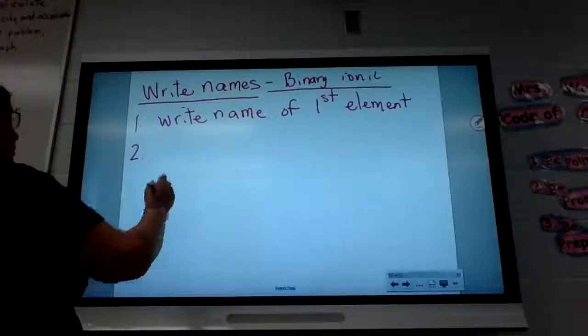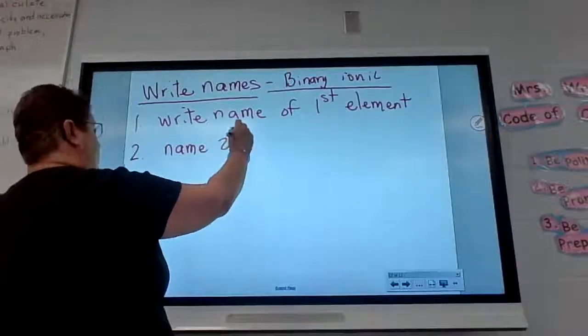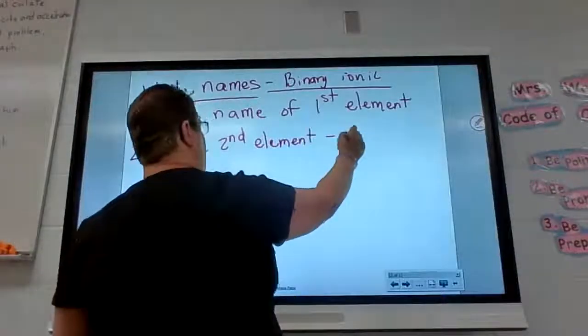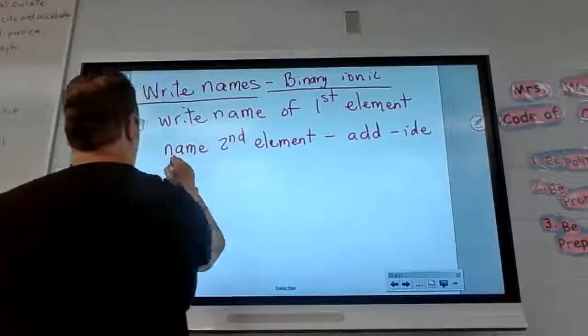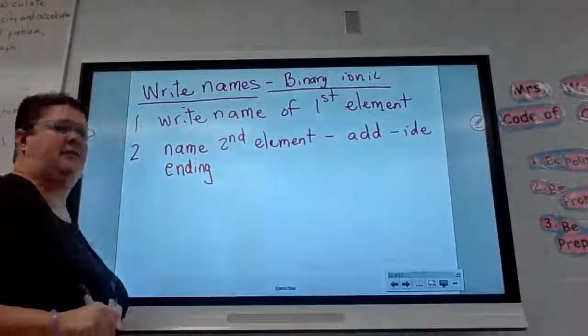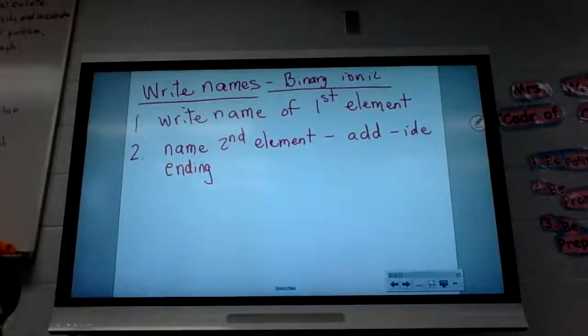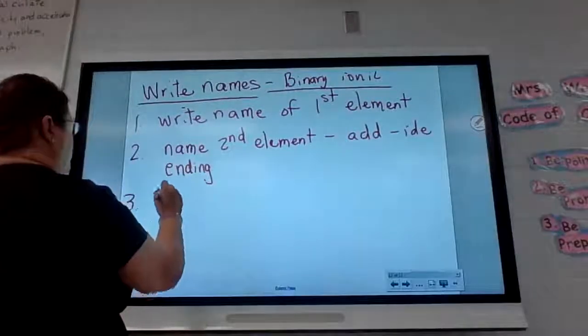Naming the first element. Step 2. Name the second element. Add an IDE ending. That's why y'all saw things like chloride, sulfide, oxide. We got to add an ending. Number 3 is the hard part. Okay?